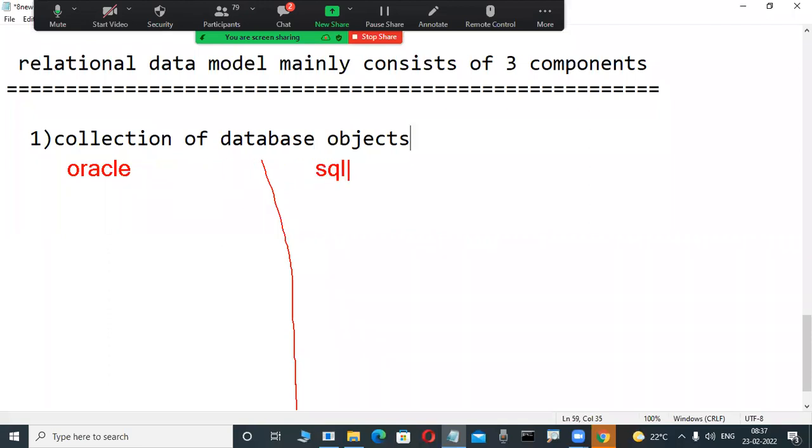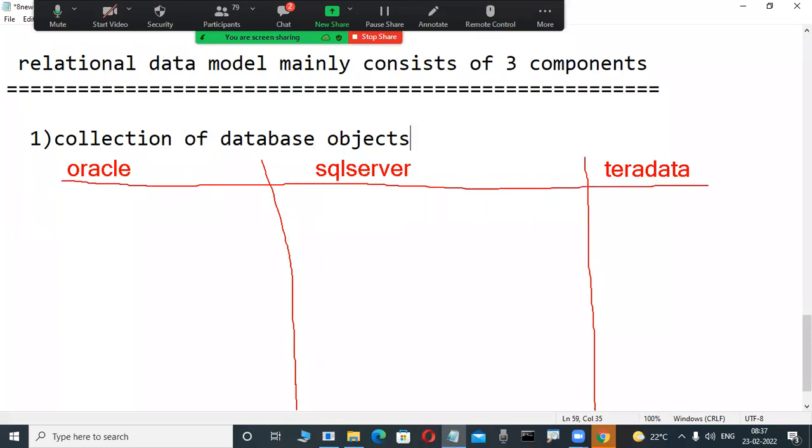SQL Server is a relational data model product from Microsoft. Teradata is a relational data model product from NCR Corporation. MySQL is open source, also based on the relational data model concept. In all these products, a collection of database objects is there.